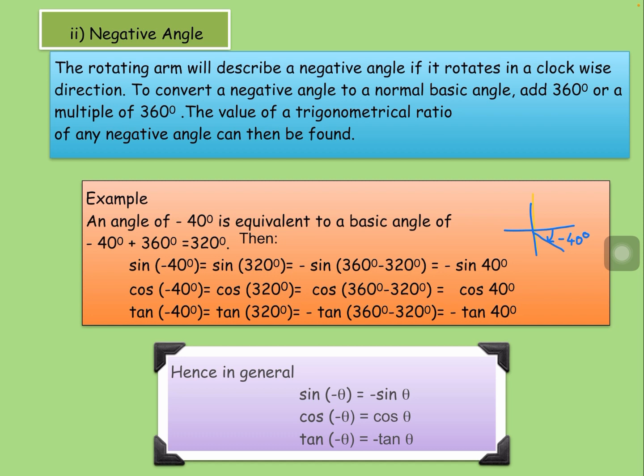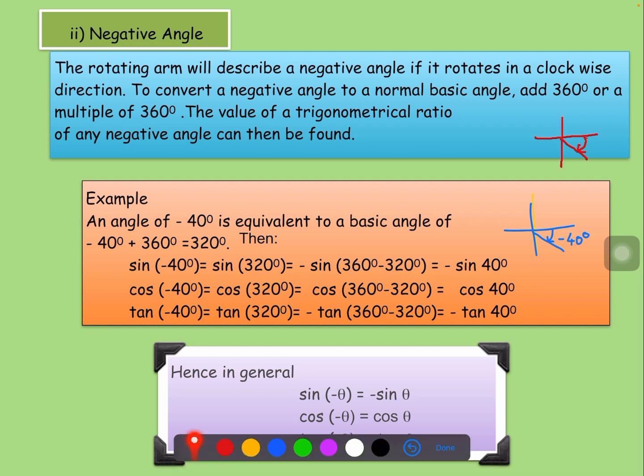Because in the fourth quadrant, cos is positive, so minus cos 40 is actually cos 40 degree. Cos minus 40 degree is positive.